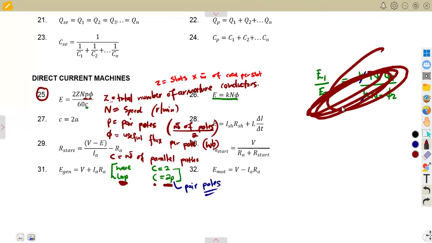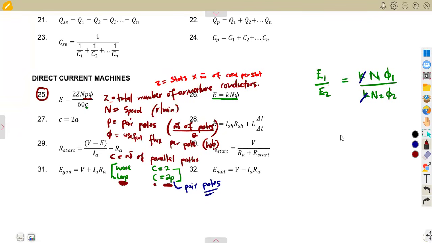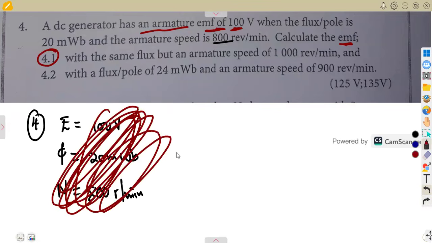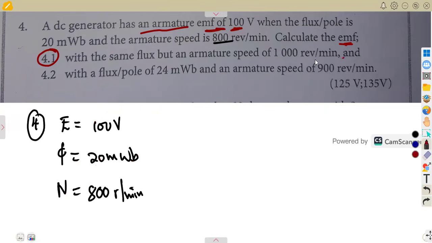Using this condition where the speed can remain the same or it can change, these are your initial conditions.